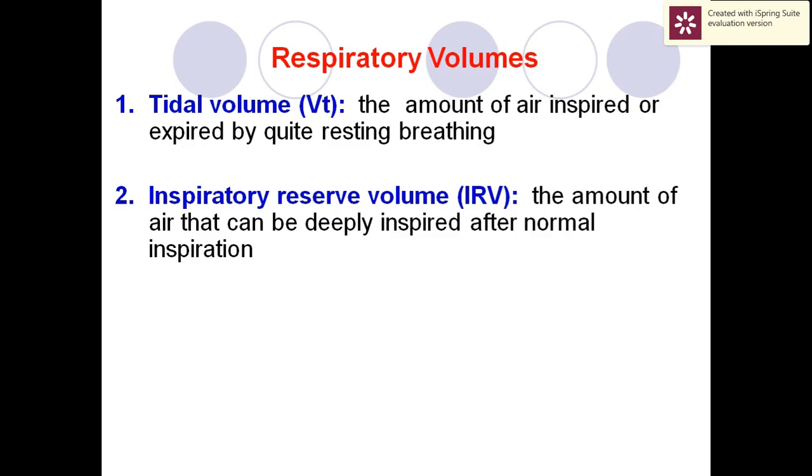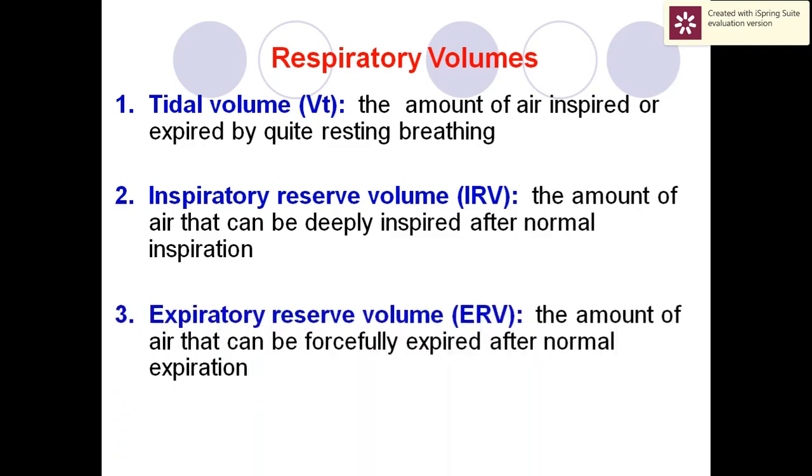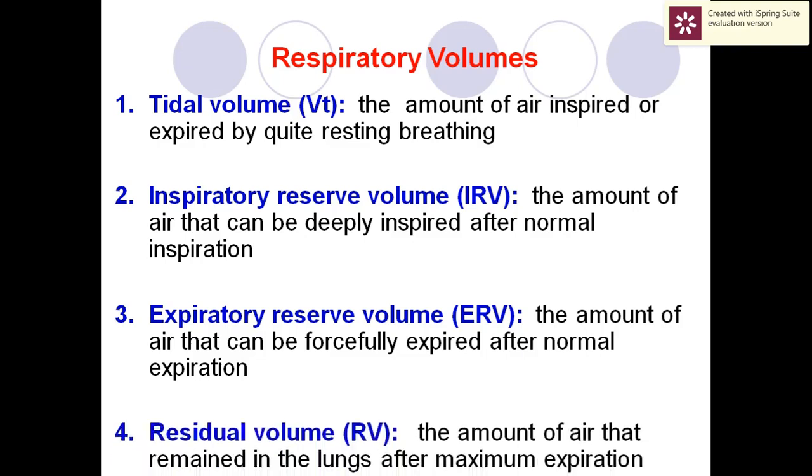Inspiratory reserve volume, the amount of air that can be deeply inspired after normal inspiration. Expiratory reserve volume, the amount of air that can be forcibly expired after normal expiration. A residual volume, the amount of air that remains in the lung after maximum expiration.